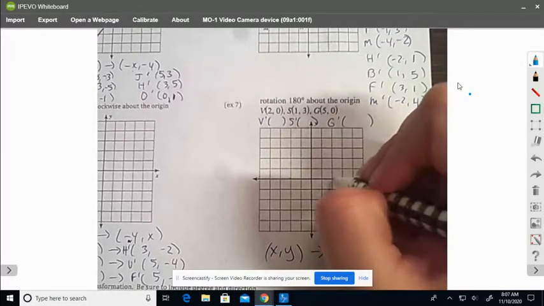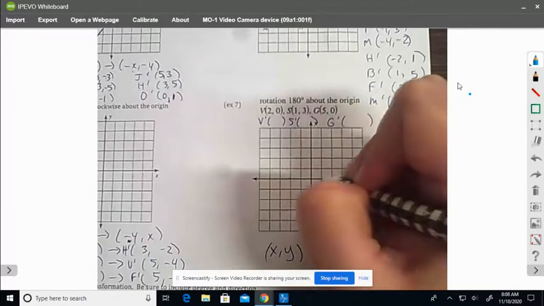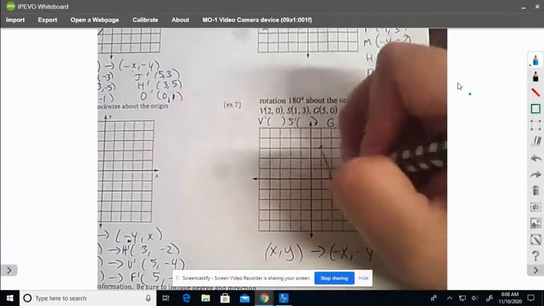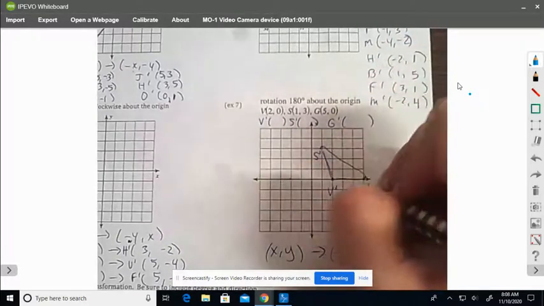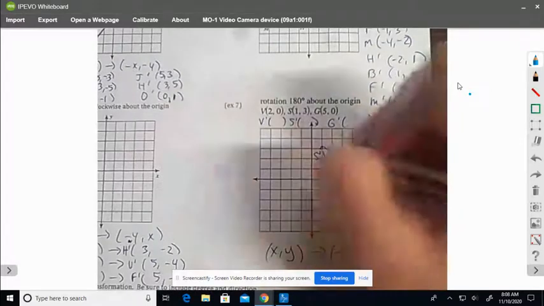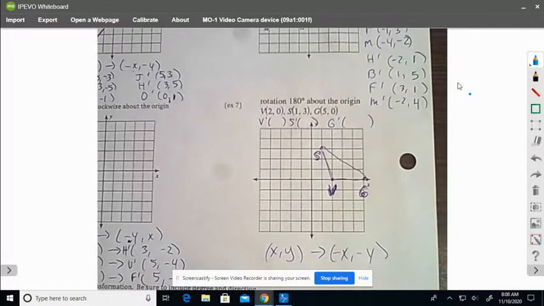So I had to plot 2, 0, 5, 0, and 1, 3. Make sure this is my original, so I don't have any tick marks, and I'm not going to shade it in.